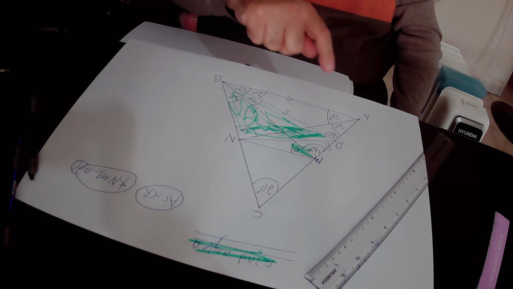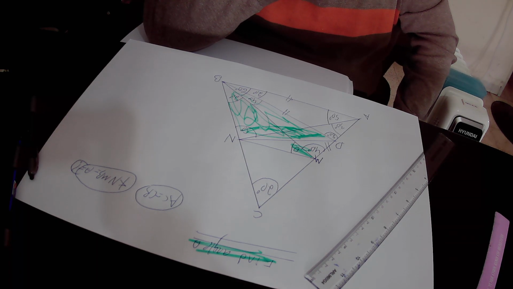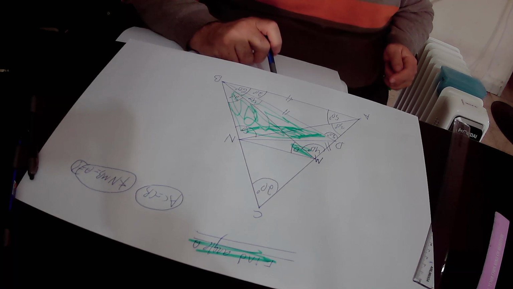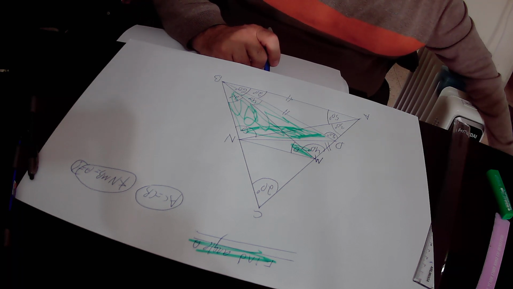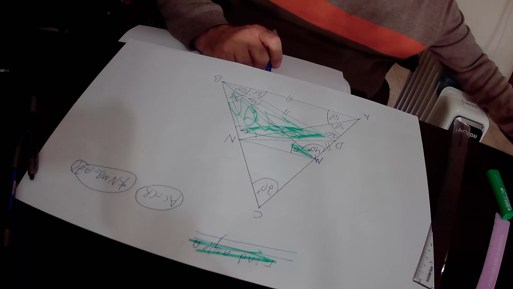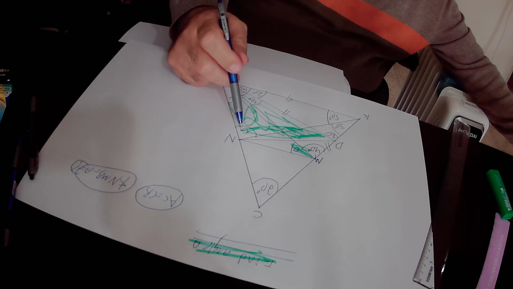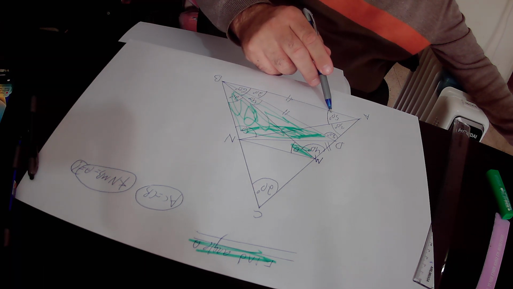Okay, so in the triangle DNB, those two angles are equal to each other.